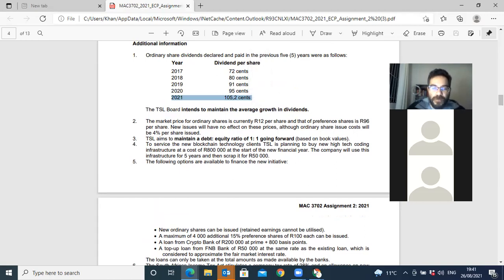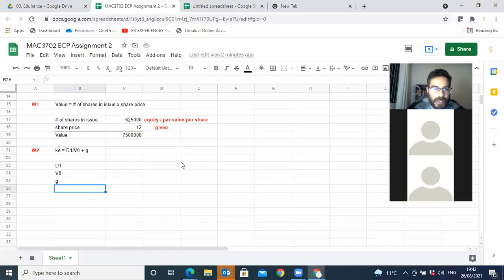So what I'm going to do, I'm going to go back to the scenario. Working 3, D1 equals D0 multiplied by 1 plus the growth rate.